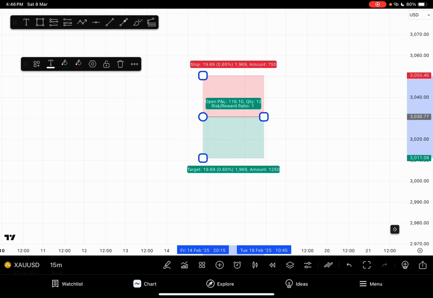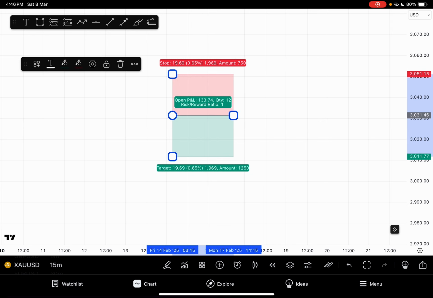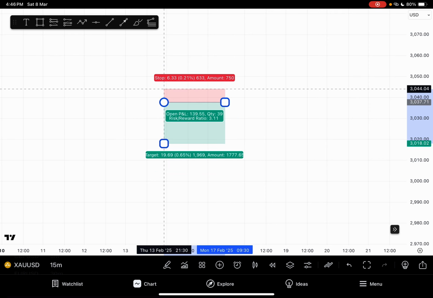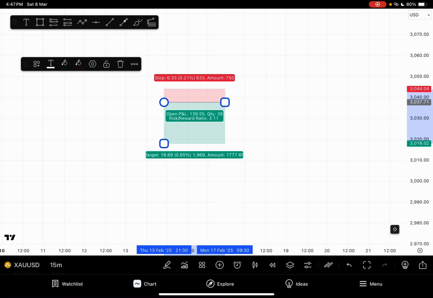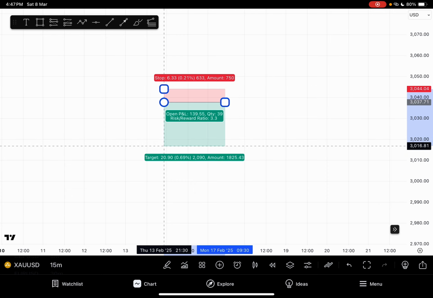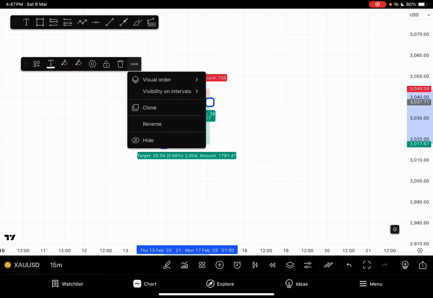For example, let's say I place a rule. I'm taking 3 trades in a day, and for those 3 trades I'm using 1:3.